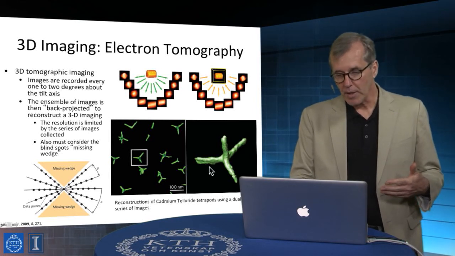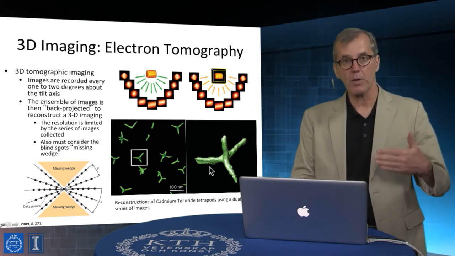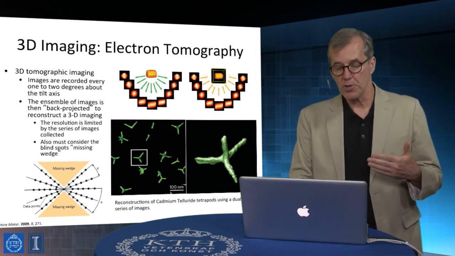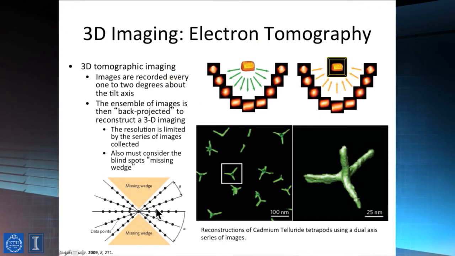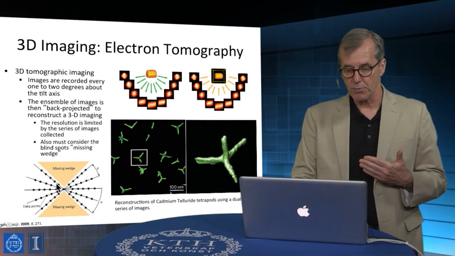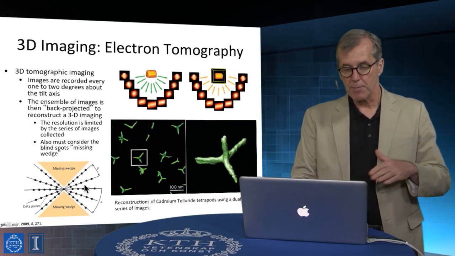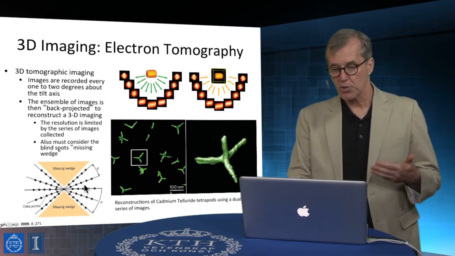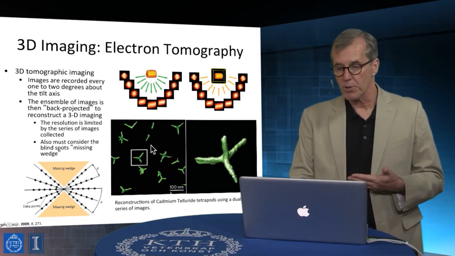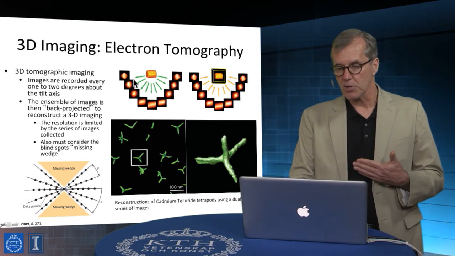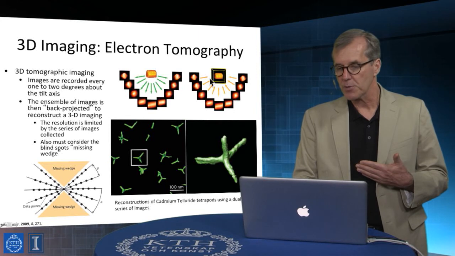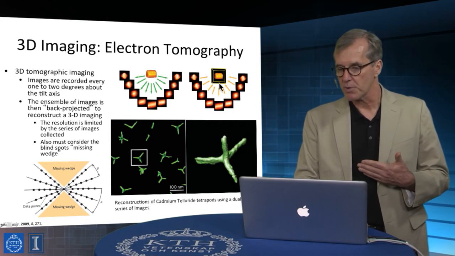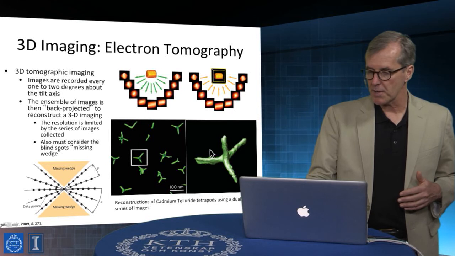Tomography is one way of recovering the full three-dimensional information by doing a series of projections at different angles through the sample, and then we can mathematically reconstruct what the full three-dimensional structure might be. There's a cartoon version that looks at taking an object, viewing it in various projections, and then you can take all these projections and recover the full three-dimensional shape of the object.